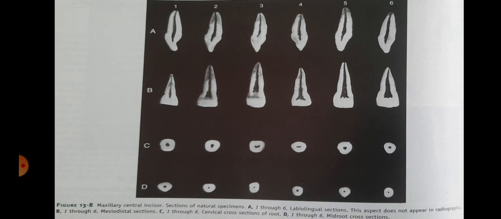You can see this in figure 13.8b6, right? In b6, you can see the apical foramen is not at the center, that is at the tip of the root, but it is deviated from the tip of the root. It is present somewhat laterally.